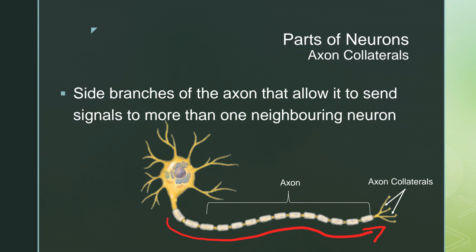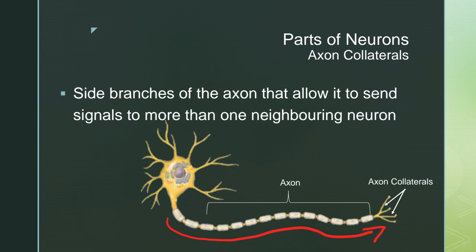Okay, let's keep moving our way down this neuron. Next, we've got the axon collaterals. The axon collaterals are these little endpoints of the neuron here, these side branches of the axon.